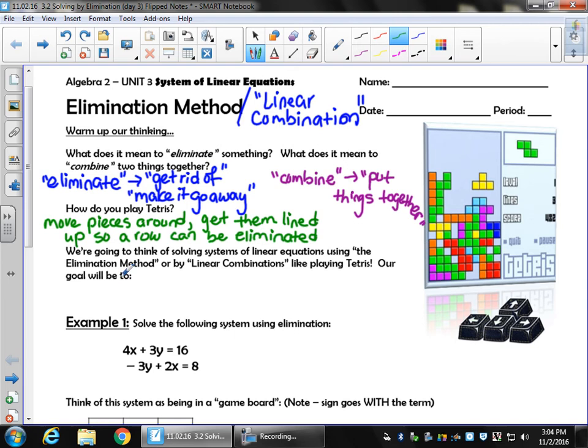Next it says, we're going to think of solving systems of linear equations using the elimination method or by linear combination.